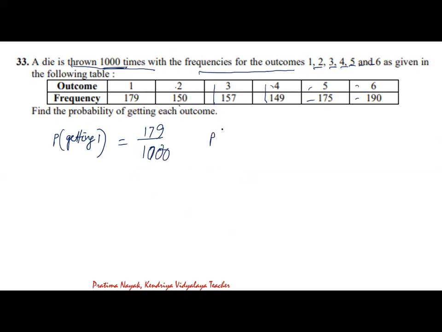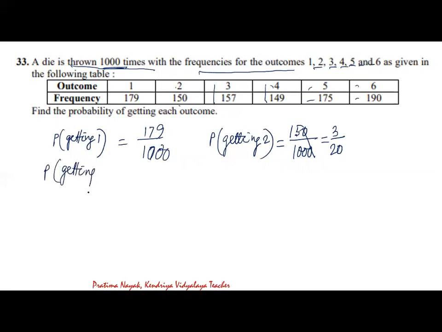Probability of getting 2 is equal to 150 by 1000. Of course, you will simplify this. It will cancel with 5. It will be 3 by 20. Here we cannot. Probability of getting 3, 157 by 1000.